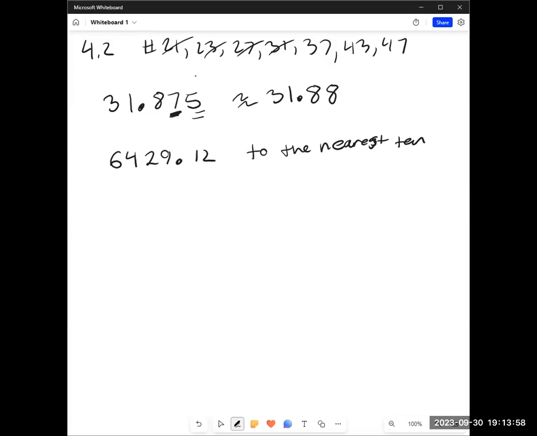This is to the nearest hundredth. So tens place here. We're going to look at the ones to help us round to the nearest 10. And this is going to be about 6,430.